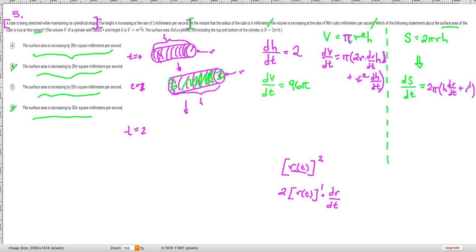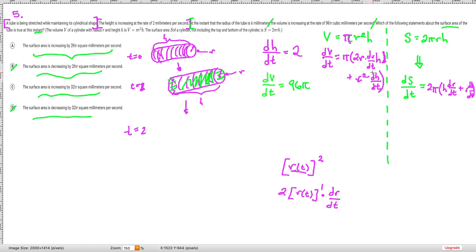So it's r dh/dt. And now I have dS/dt in terms of dr/dt and dh/dt and 2 pi. So let's see what I can do here. So now I have that when the radius, so when r, this dV/dt is a function in terms of dr/dt, dh/dt, r, and h.